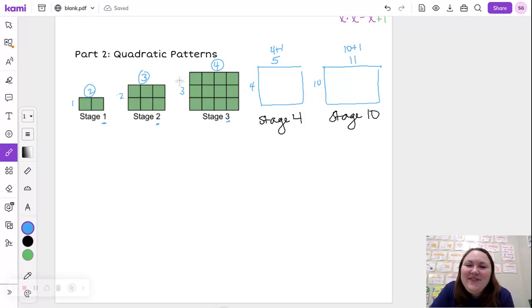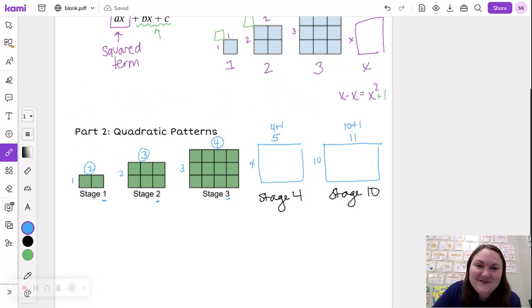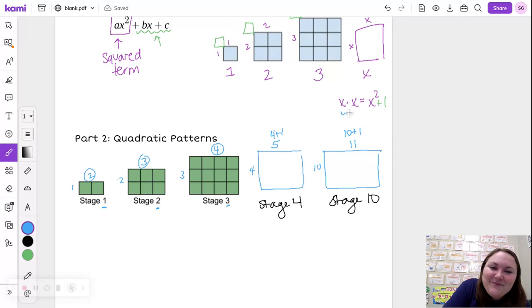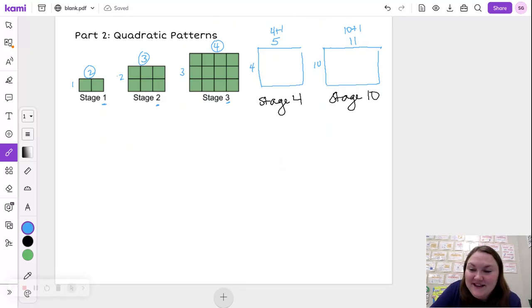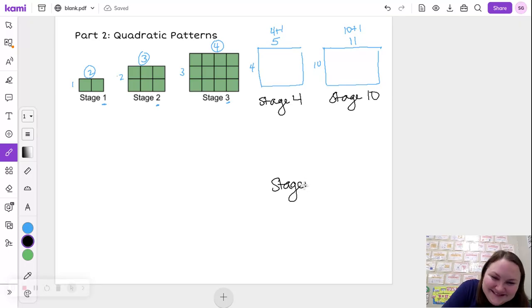Now, this means I know this pattern, but one of our focuses for this lesson is, can you represent it using some sort of expression? One way we can think about this is if I were to change this to stage n, do you know what that rectangle looks like?